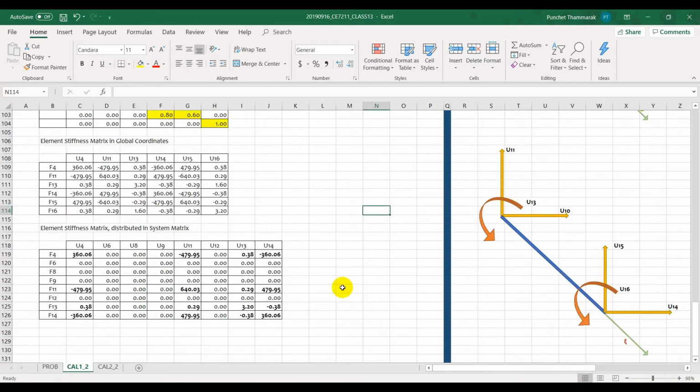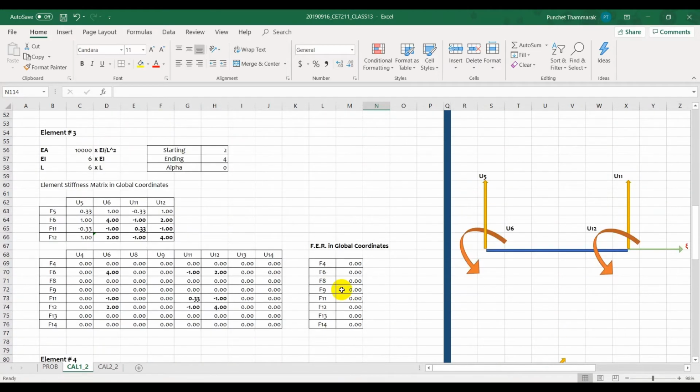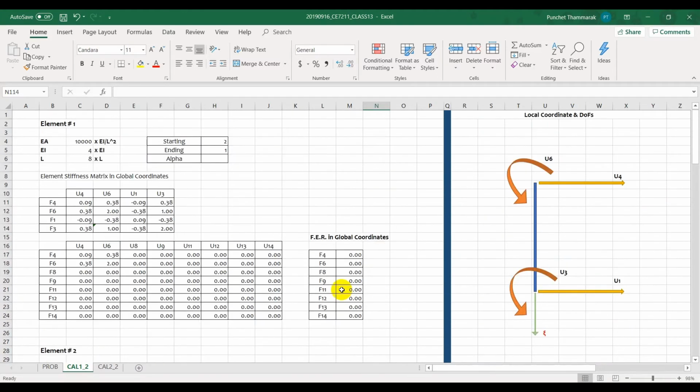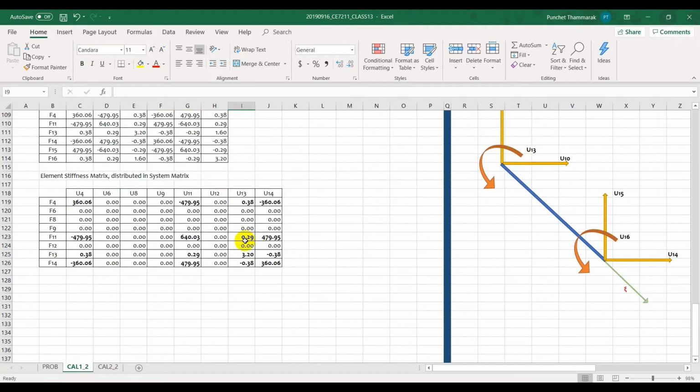Now we are done with the element stiffness matrices. We will combine all of them into the system of equilibrium equation.